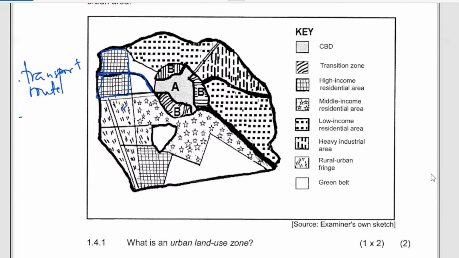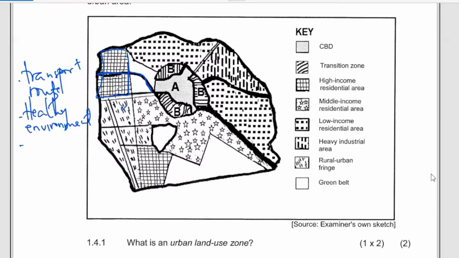We see this is the rural urban fringe, and it is located close to the rural urban fringe. For what reason did it develop there? We talk of a healthy environment, because we are now in the outskirts of the urban area.